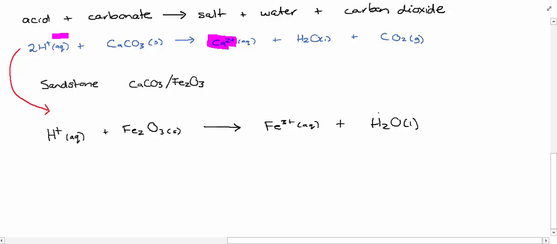Then it's simply a case of balancing the equation. So we can see we've got 2 iron ions on the right, so we need 2 on the left. Next we can see we've got 3 oxygens, so that's going to mean we need 3 water molecules, leaving us with 6 hydrogen ions that we need on the left.